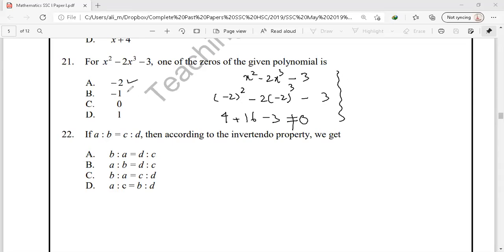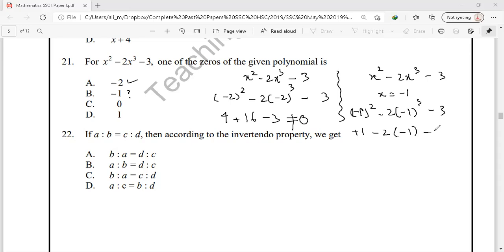So let's check the other option, that is minus 1. x square minus 2x cube minus 3 for x equal to minus 1 becomes (minus 1) square minus 2 into (minus 1) cube minus 3. Minus 1 square is plus 1, and minus 1 cube is minus 1. So plus 1 plus 2 minus 3 is equal to 0. So the zero of this polynomial is option B, in which x is equal to minus 1.